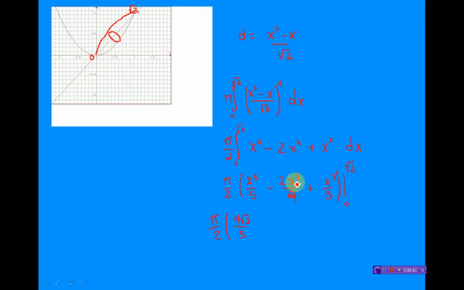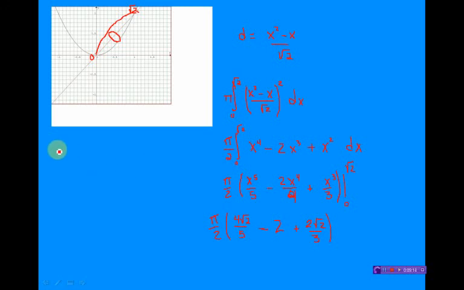And the square root of 2 to the 4th is 4, so 4 over 4 is 1, so it's just going to be minus 2 for that term. And lastly, we have the square root of 2 cubed, so it's plus 2 square roots of 2 over 3.